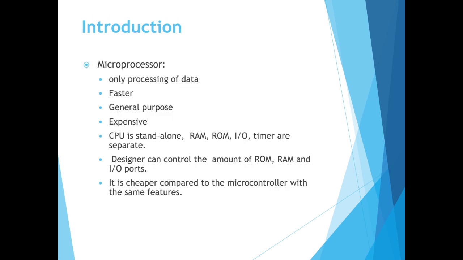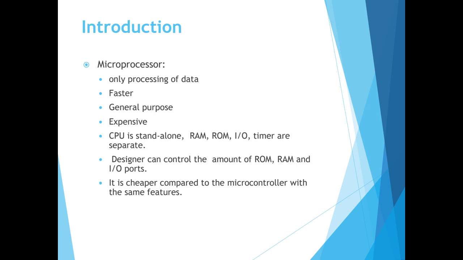Here we have some noted differences between microprocessor and microcontroller. Actually, a microprocessor, as I said, is a main part of any kind of computer, and it is considered the brain of each computer.